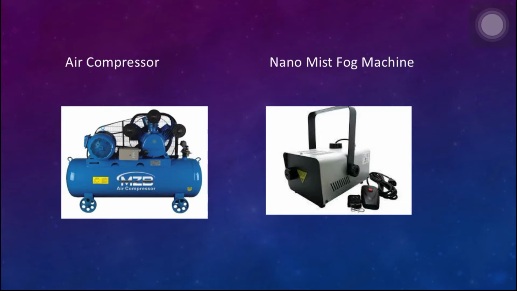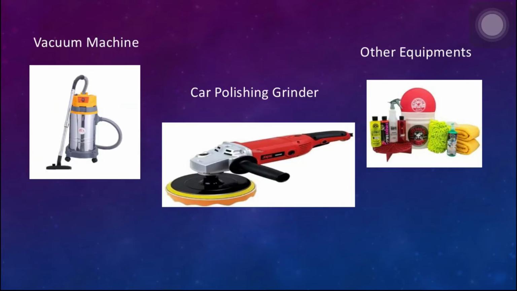And then the nanomist fog machine, which is used for the fogging process to remove any bacteria and flies. And then the vacuum machine, which is a device that causes suction in order to remove debris from floors, mats and other surfaces. Car polishing grinder, which is used for the polishing process.